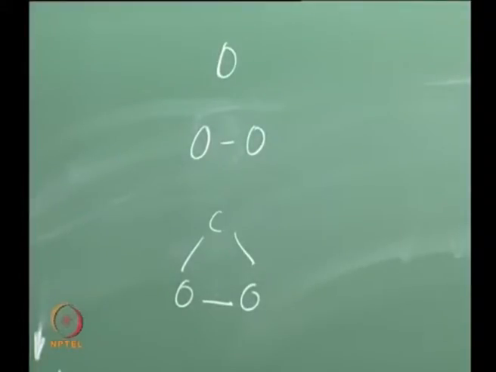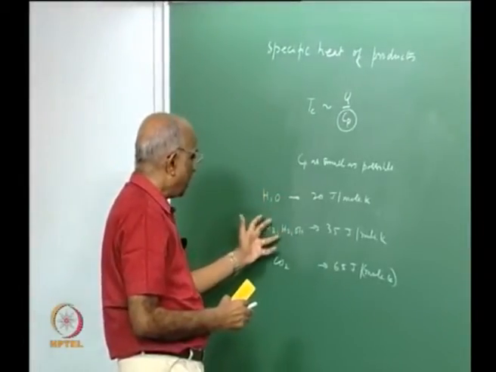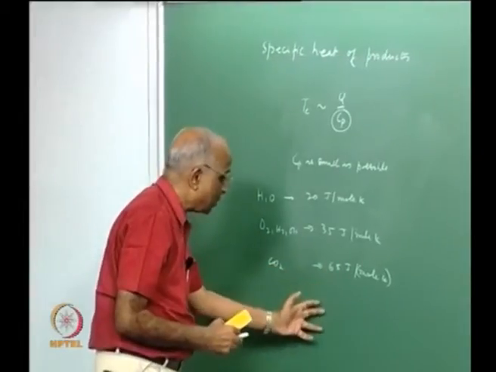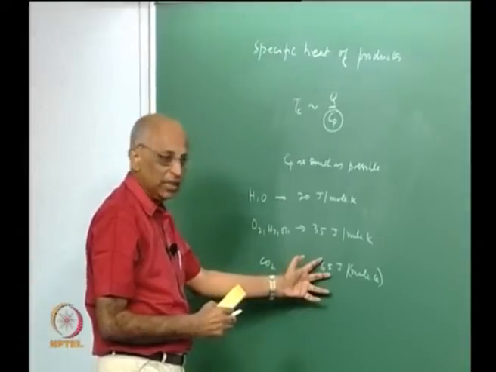Monatomic has the lowest, diatomic has a higher value, triatomic has a still higher value, and as I go on, the specific heat keeps increasing.